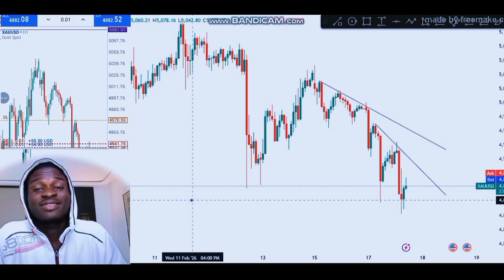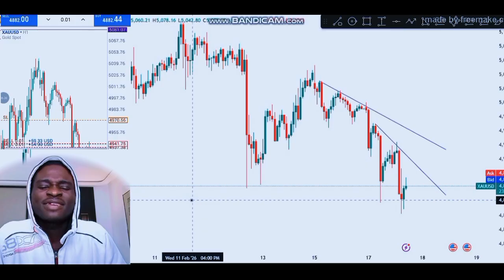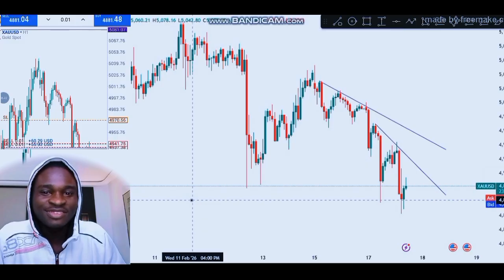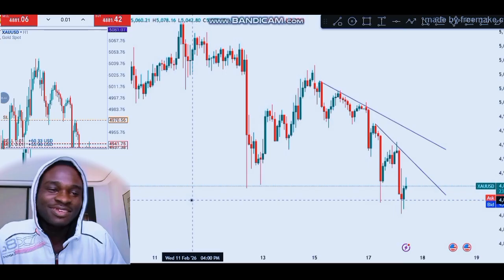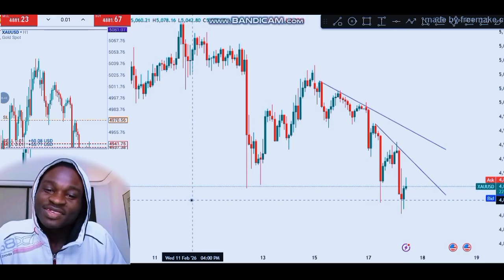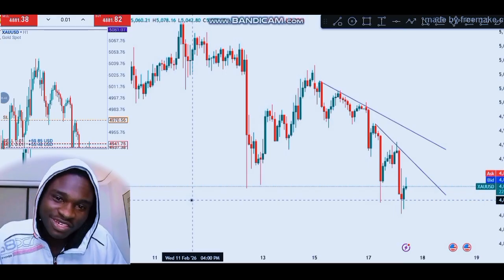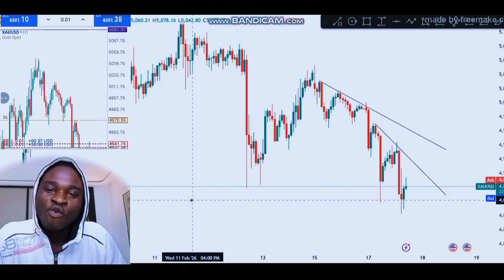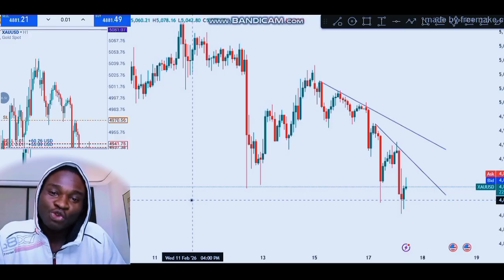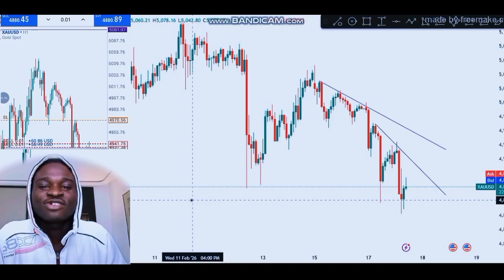People say the market changes, and some kinds of strategy will stop working. Yes, it will stop working, but I don't change my strategy. It's the market that changes. Market always changes. It's not your strategy that changes. When the market changes, your strategy is not changing. Your main work is not to change your strategy.